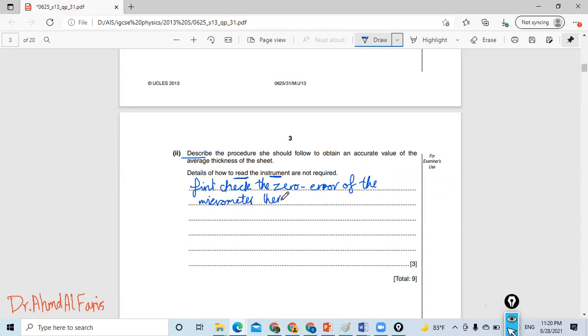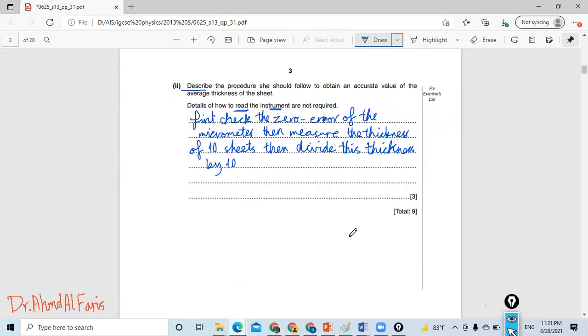Then measure the thickness of 10 sheets. Then divide this thickness by how much? By 10. Divide this thickness by 10. And that's how we can answer the whole thing here.